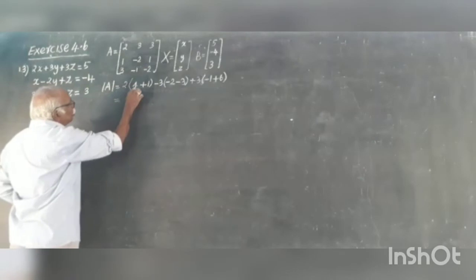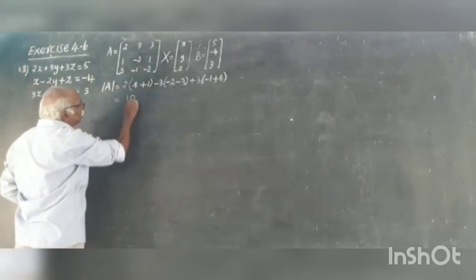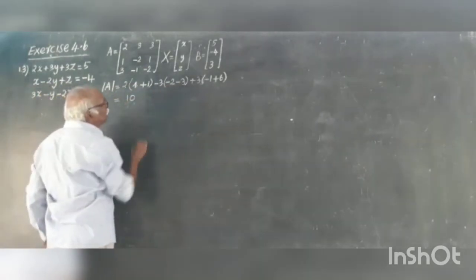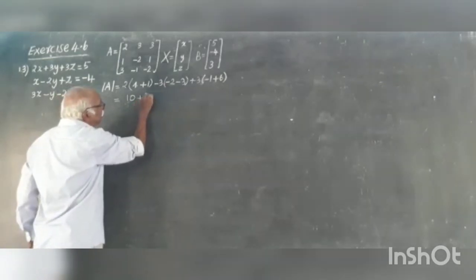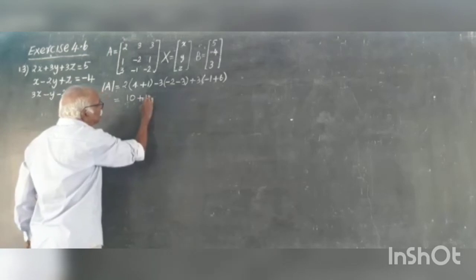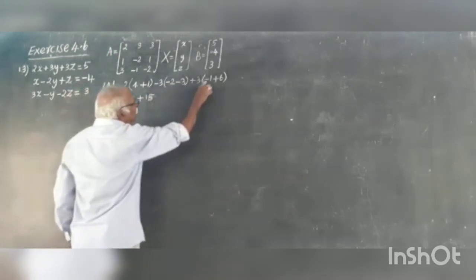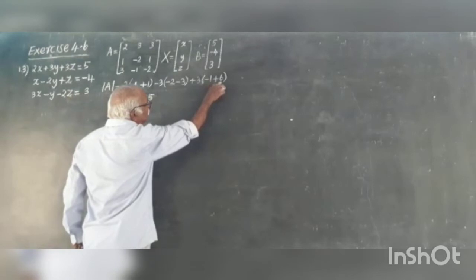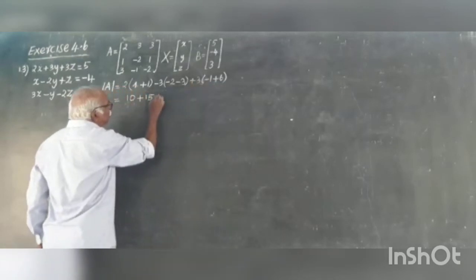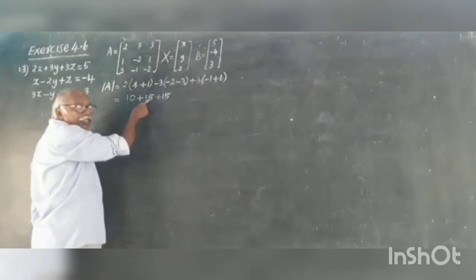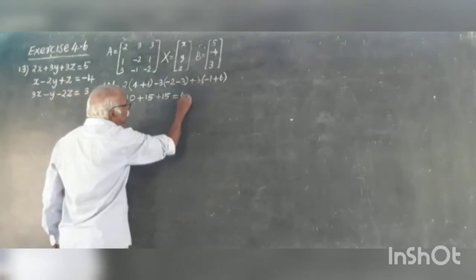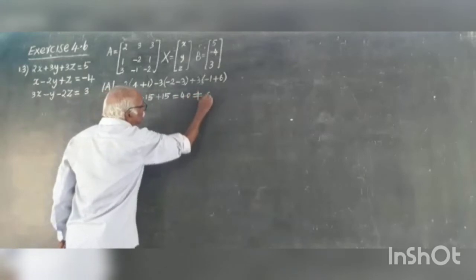Then 2 into 5 is 10, minus 2 into minus 3 is plus 6, plus 5 into 3 is 15. 15 plus 15 is 30, 30 plus 10, 40. 40 not equal to 0. Therefore, A inverse exists. Then find all the cofactors.